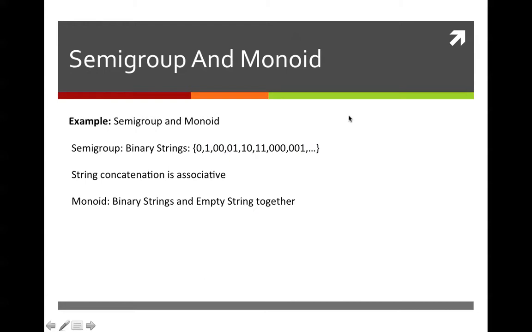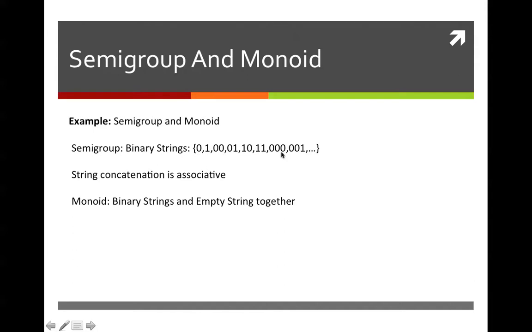So a semigroup and monoid example would be, as I already hinted, binary strings like these, all of the binary strings, not just some of them. And this is clearly closed under the string operation, that concatenation operation that we use.